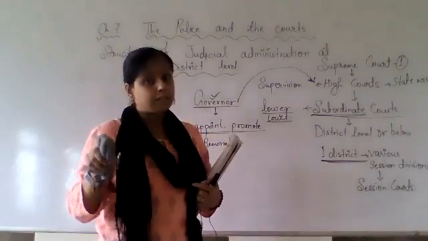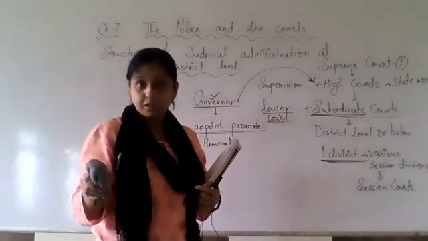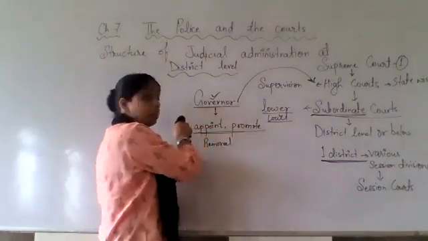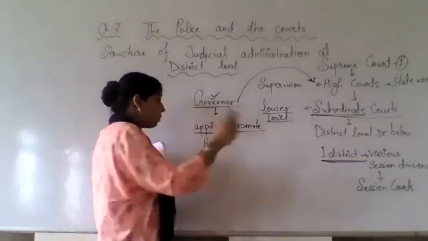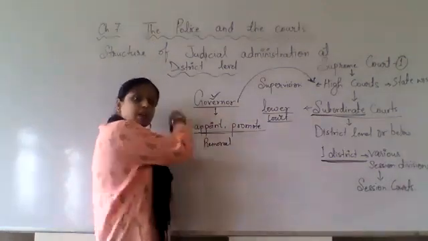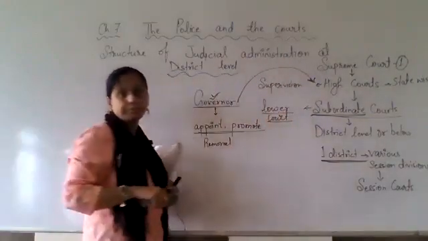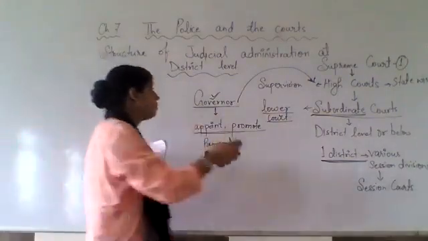They are called subordinate courts because they work under the supervision of the High Court. Also, the judge of a subordinate court is appointed by the governor with the confirmation of the High Court. Okay. Till now, any question, any confusion, anyone?